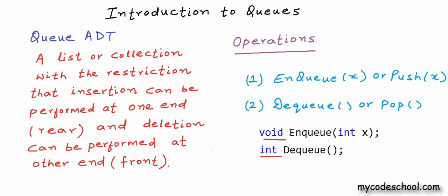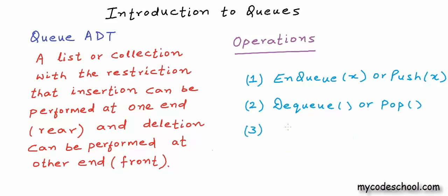This integer should be the removed element from the queue. You can design dequeue also to return void. Typically, a third operation, front or peek, is kept just to look at the element at the head, just like the top operation that we had kept in stack. This operation should just return the element at front and should not delete anything.